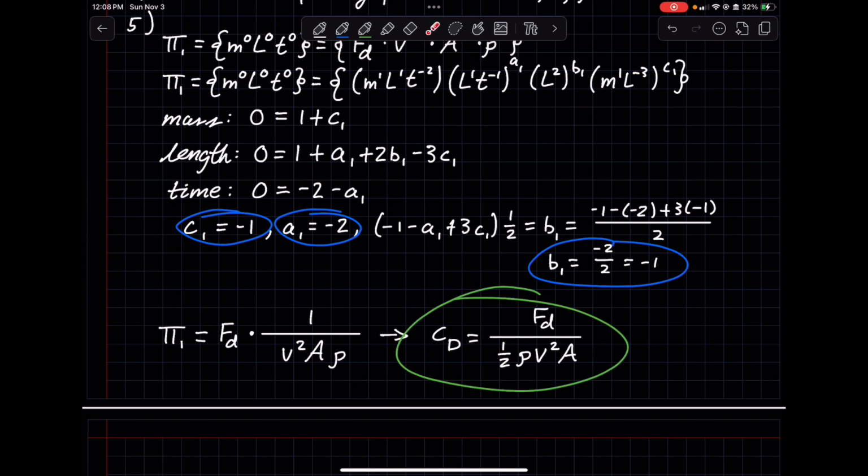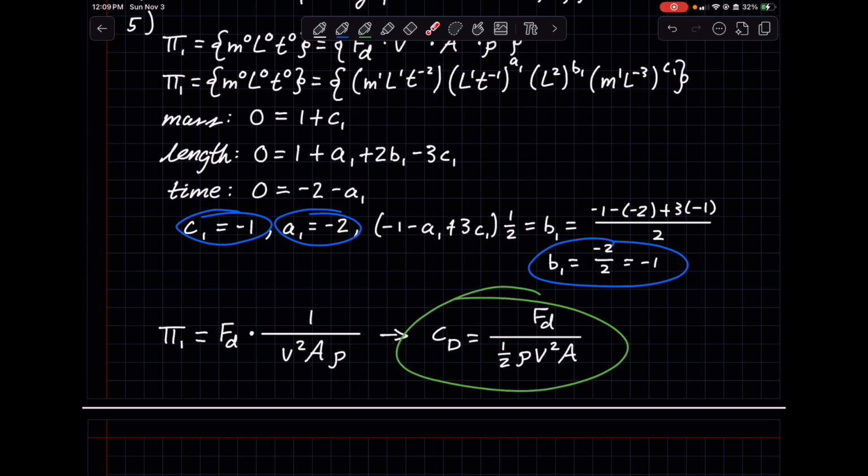The reason I can do this is because the coefficient of drag is non-dimensional, as pi 1 is also non-dimensional. All of these values are just together and they will cancel each other out, since the coefficient of drag is a known number that we can use, we can make an assumption in the sense that pi 1 is going to be equal to our coefficient of drag.